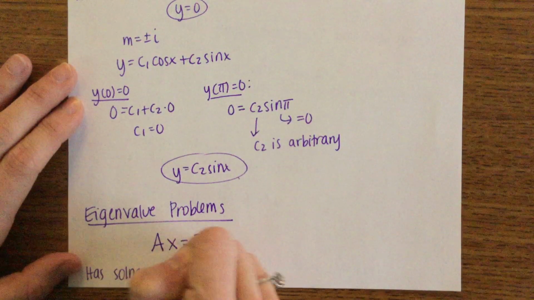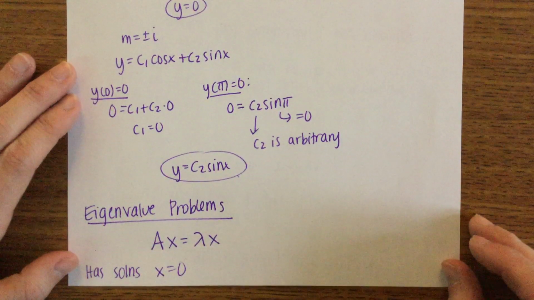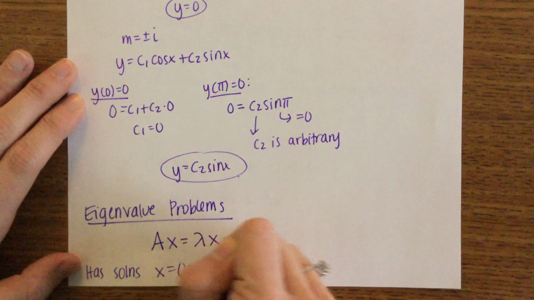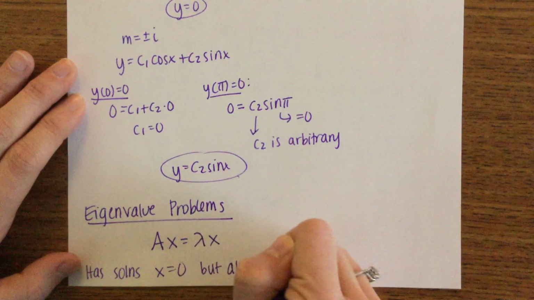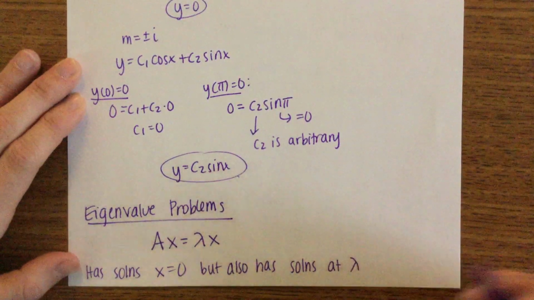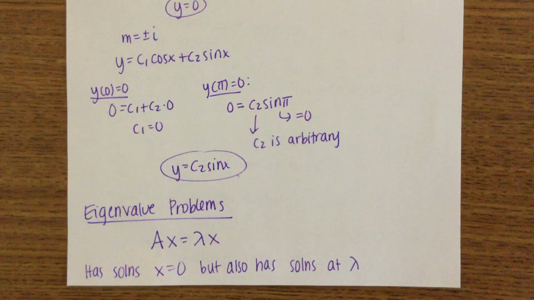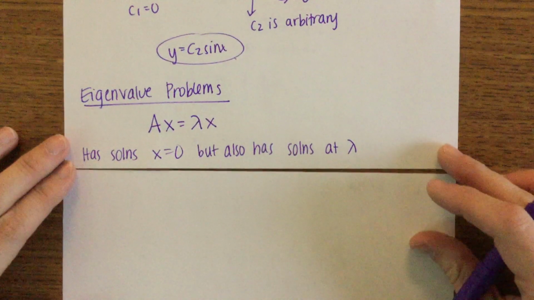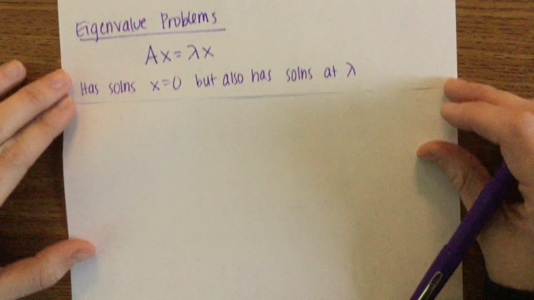First solution would be that x is the 0 matrix. We already said that's trivial. We don't really care about that. We also have solutions at lambda, so at the eigenvalues. So we specifically are interested in finding the eigenvalues that will make this equation true.